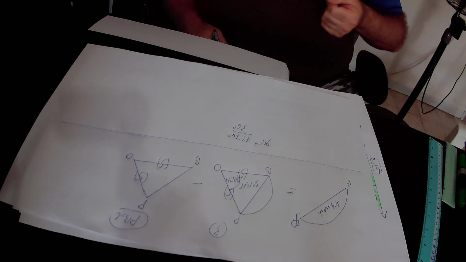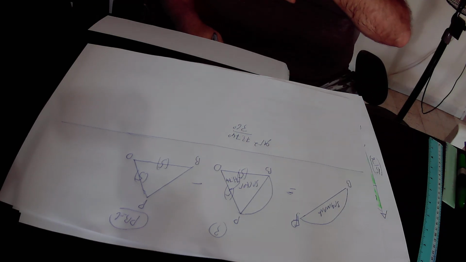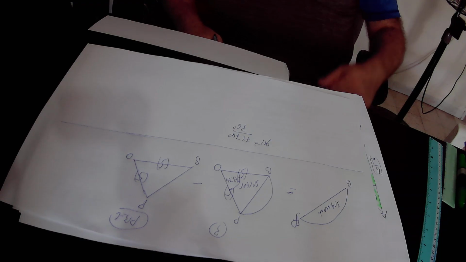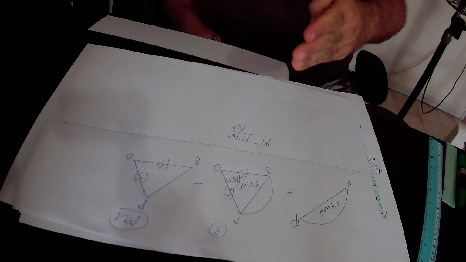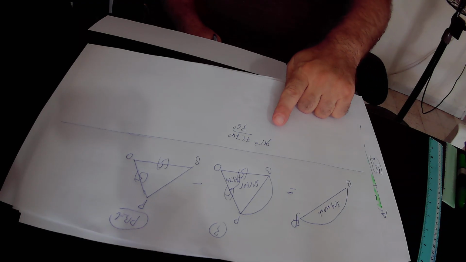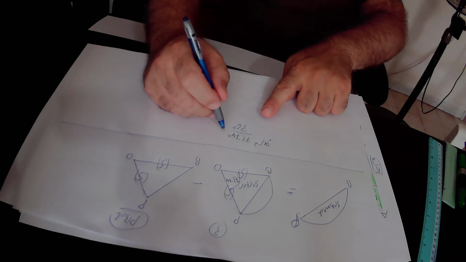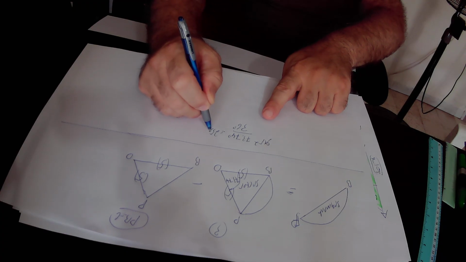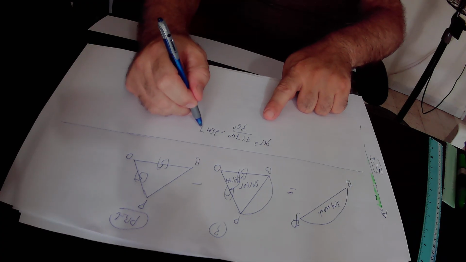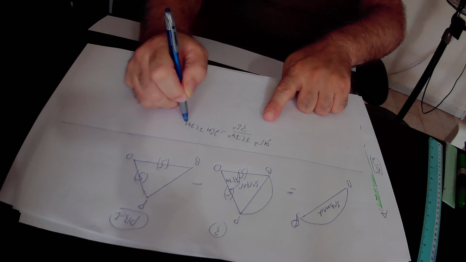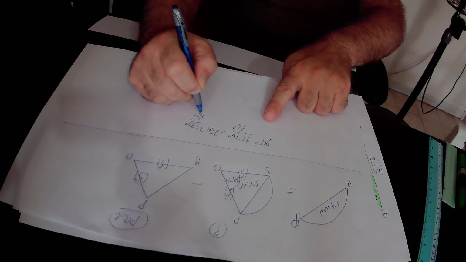R equals 5, because it is the radius of the semicircle. Therefore r squared is 5 squared, that is 25. So pi r squared is 25 pi times 73.74 degrees over 360 degrees.